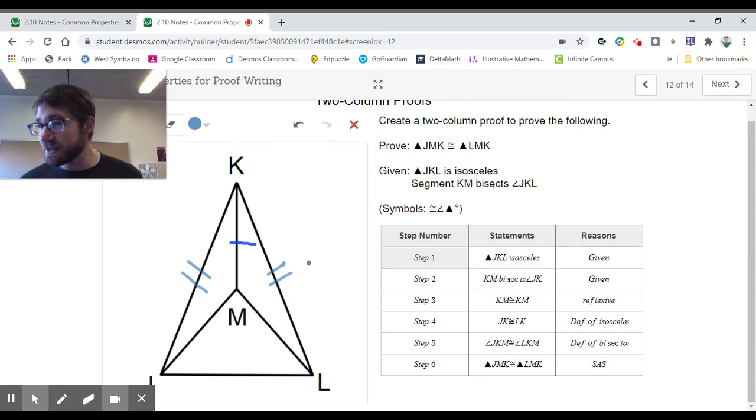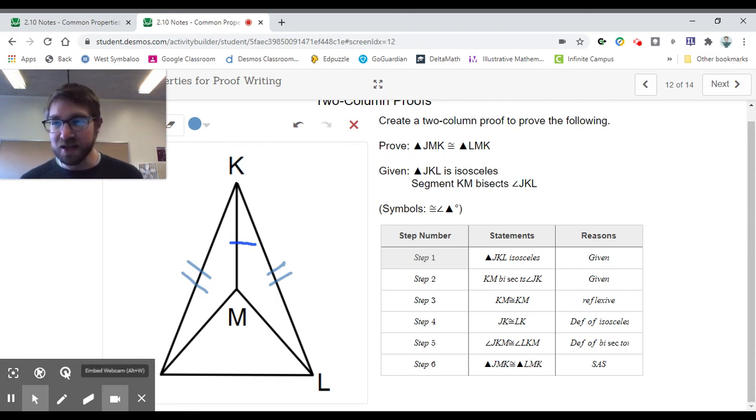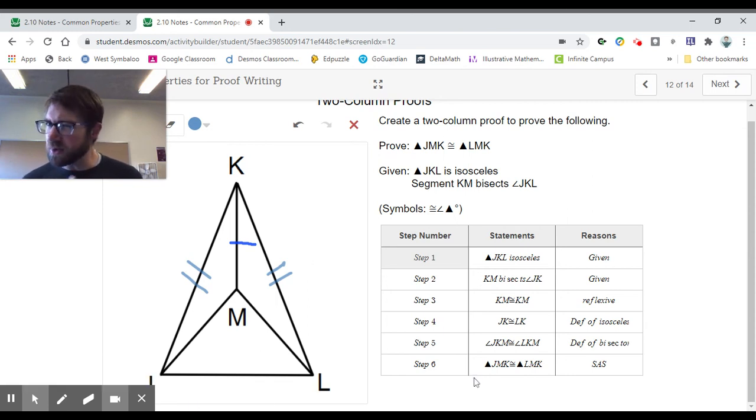So segment JK is congruent to segment LK. And lastly, I need one more piece because that's only two things so far. I need three congruent parts between both triangles. I can say that angle JKM is congruent to LKM. That's these two up at the top because of that angle bisector that is mentioned in the given information.